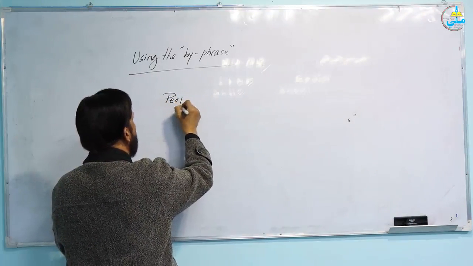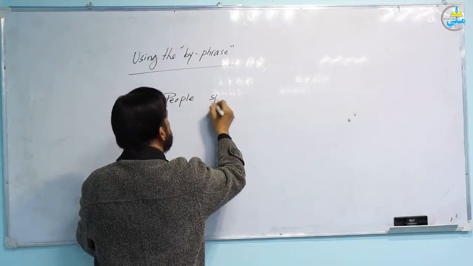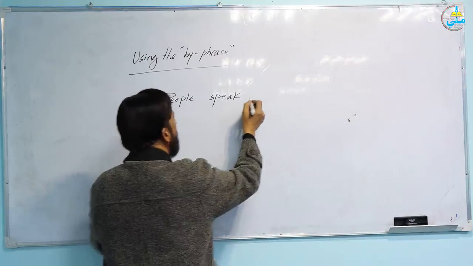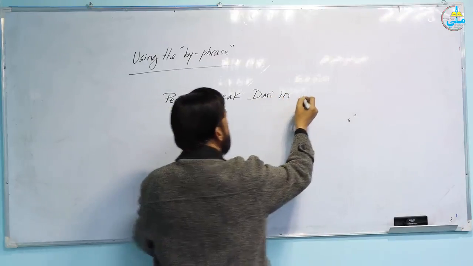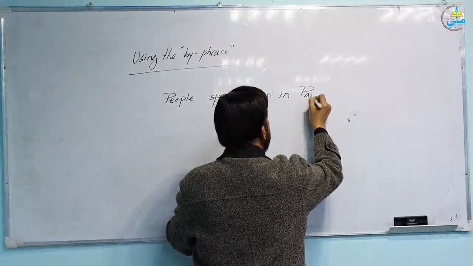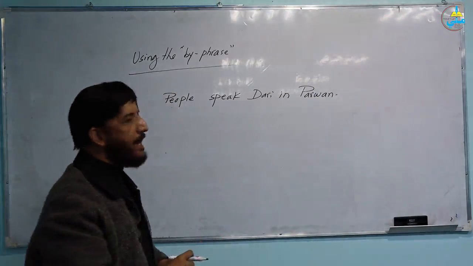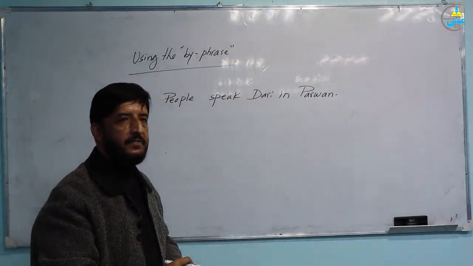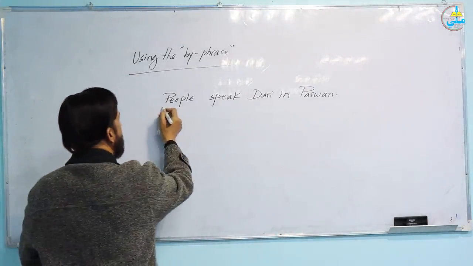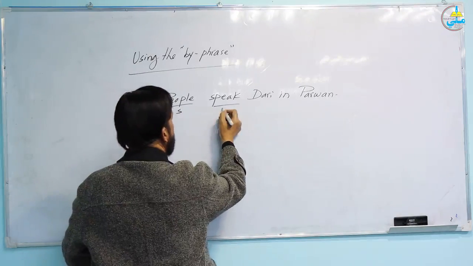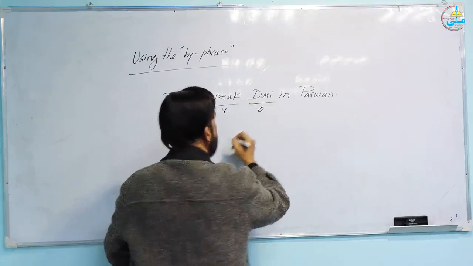People speak Dari and Parwan. Look, people speak Dari and Parwan. This is an active sentence. People is the subject, speak is the verb, Dari is the object.